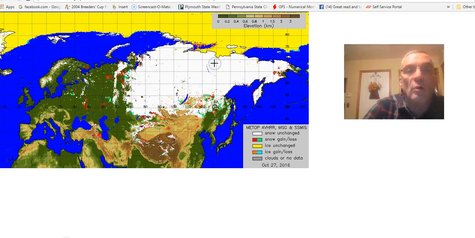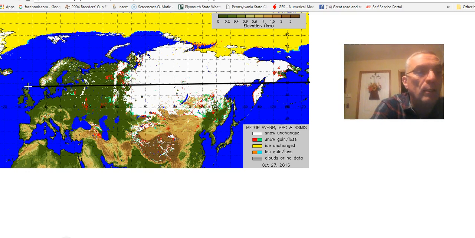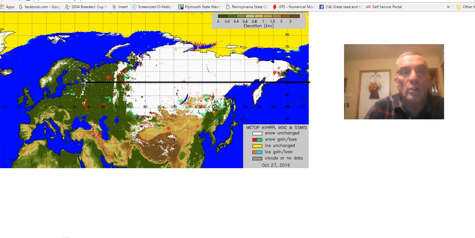When that rate of snow cover growth is rapid, and when it is south of 60 degrees north, which I'm drawing for you right here, so we want to look at the area south of 60 degrees north, so it's this area here, there seems to be a connection to colder winters evolving in the eastern part of the United States.